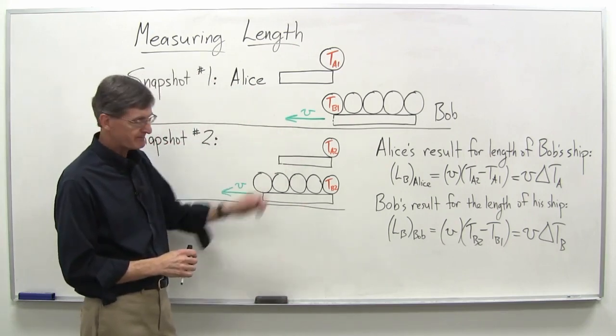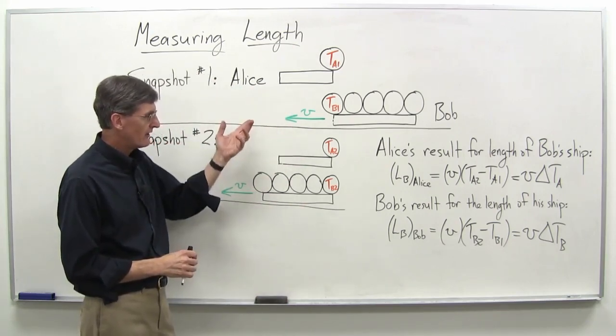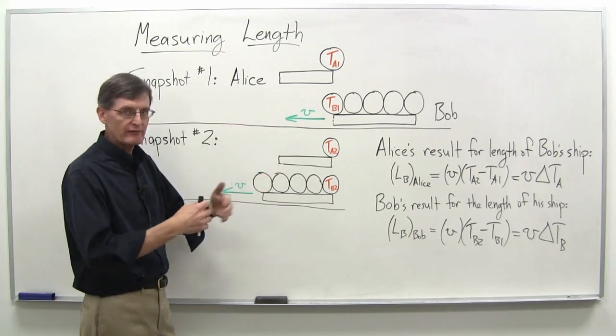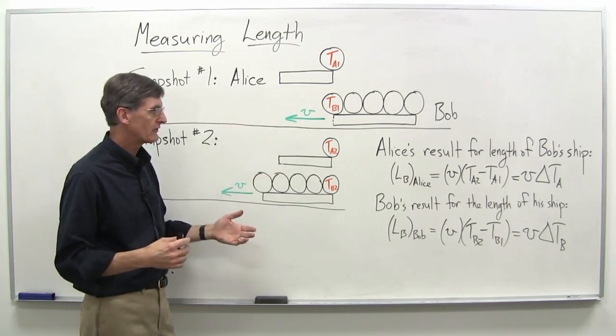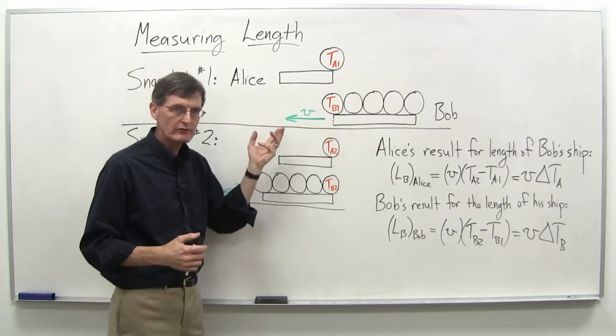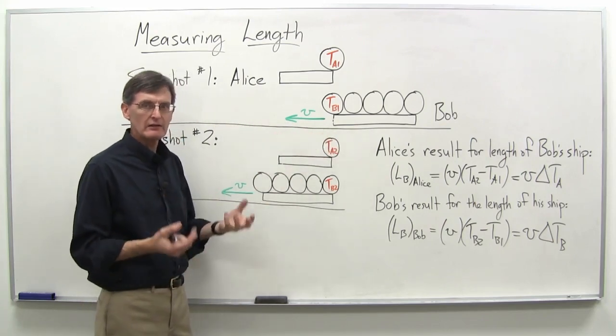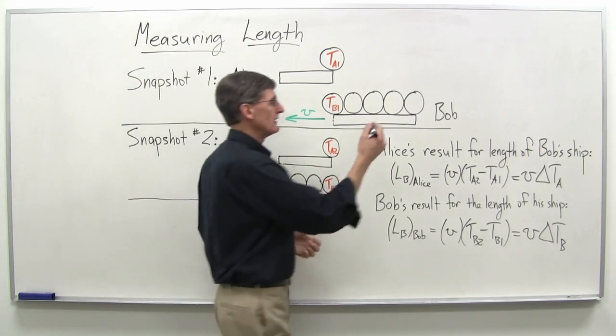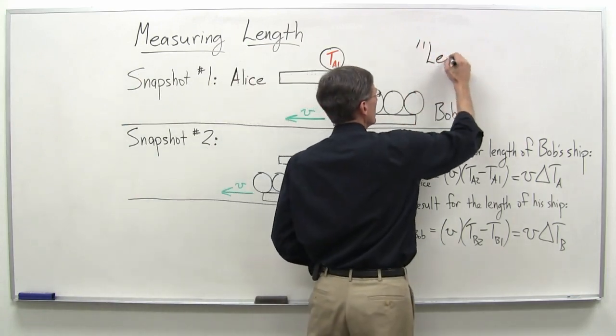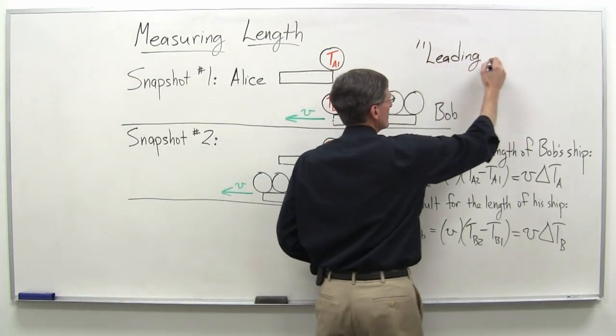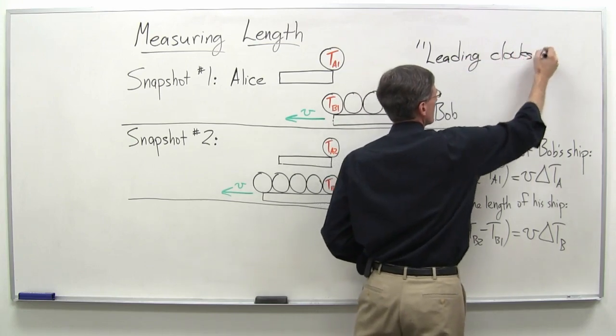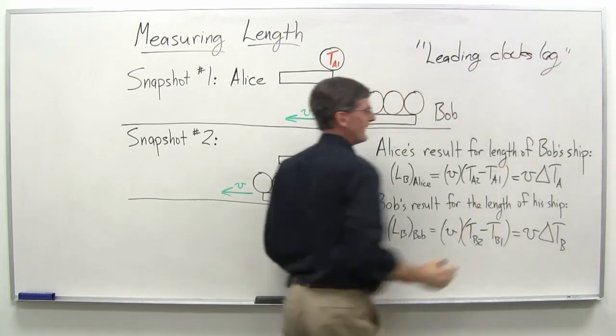But here's the answer. Remember our little phrase we used when we did analysis like this with moving clocks, especially on spaceships? Leading clocks lag. Remember that? Leading clocks lag.